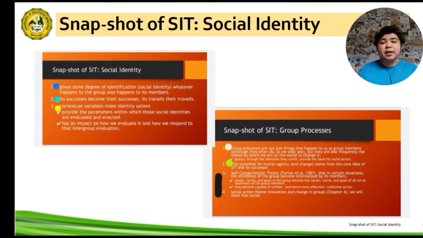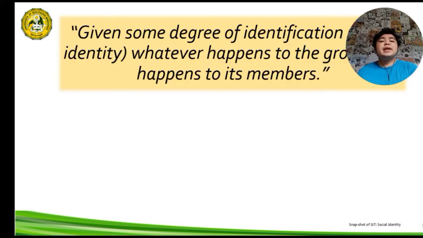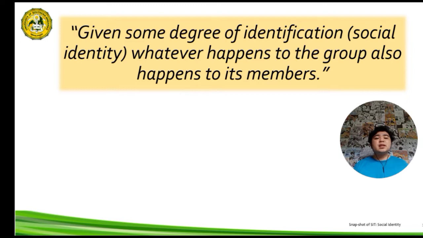As you can see, there are 6 different colors and each color is picked by group members, and they're going to discuss it. In this video, we're going to talk about the blue one, or the phrase: given some degree of identification or social identity, whatever happens to the group also happens to its members. The other topics will be discussed in different videos from my members.